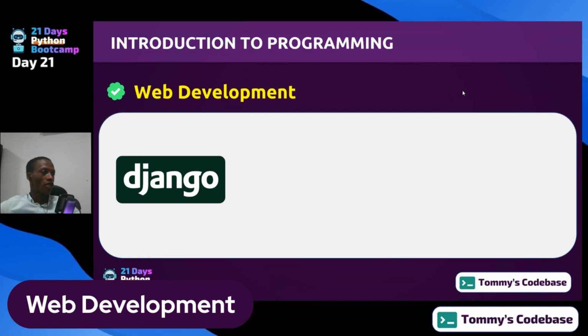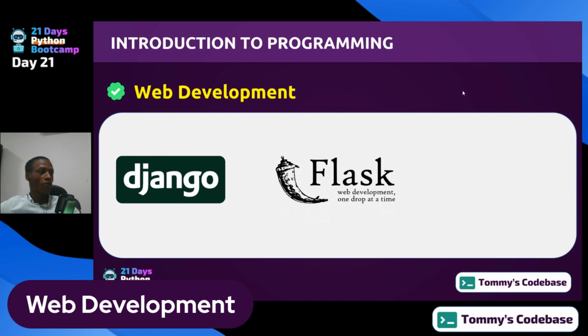So you can check that one out. And there's also Flask, which is equally powerful but a lightweight one. So it's kind of a lightweight micro framework for smaller projects, but you can actually use it to build amazing stuff and even bigger projects.